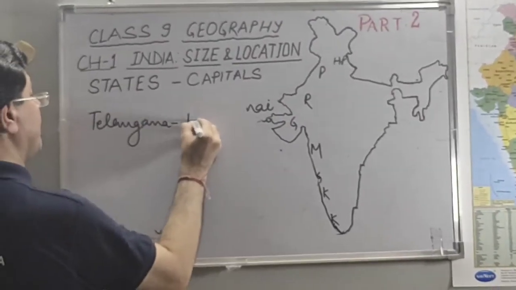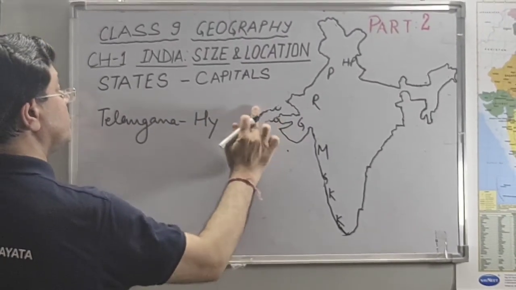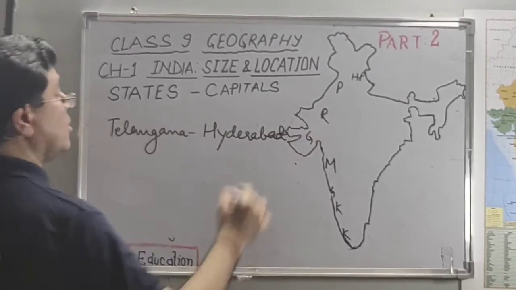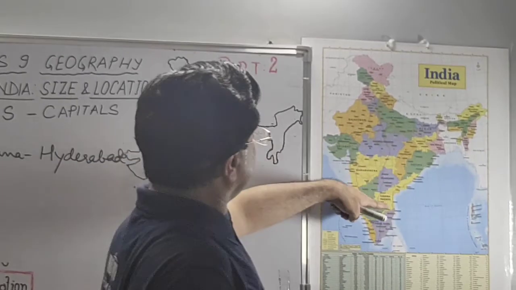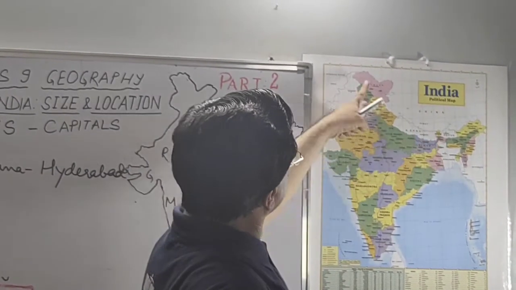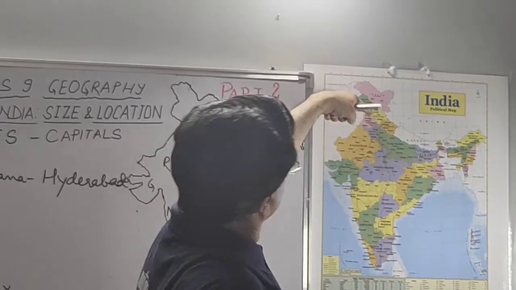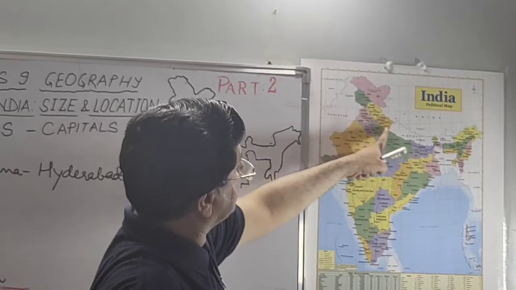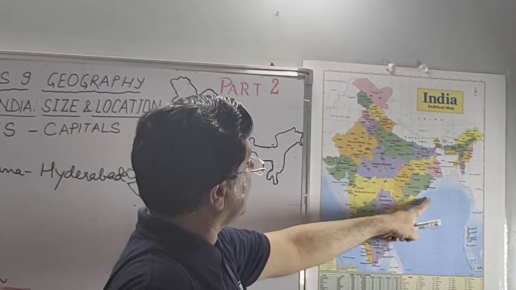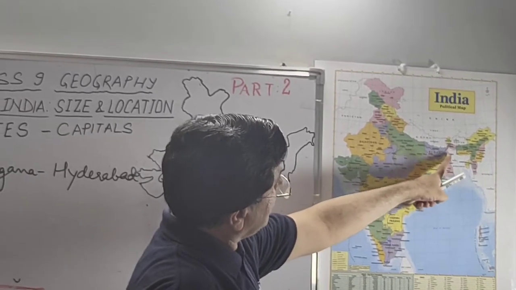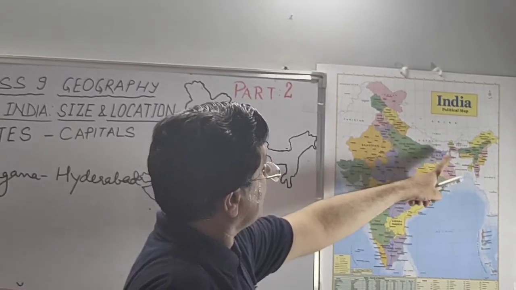Already we have discussed its capital is Hyderabad. And if we see this region till here, some more states are there. We have discussed the states in the western part of India. Now we'll discuss the states in the northern part and central part. Okay. So till West Bengal we have discussed, and now we'll move this side.